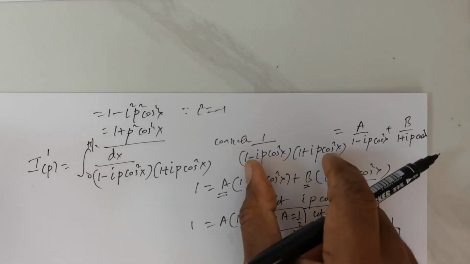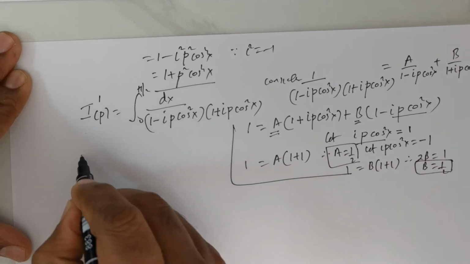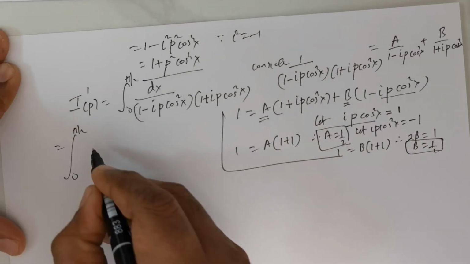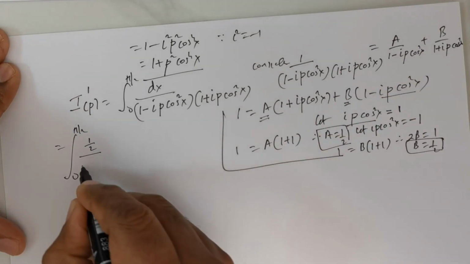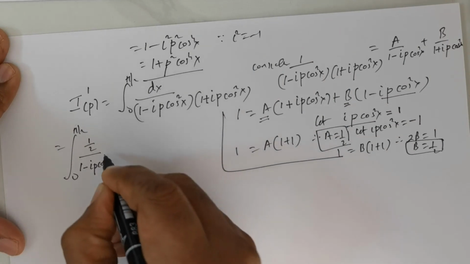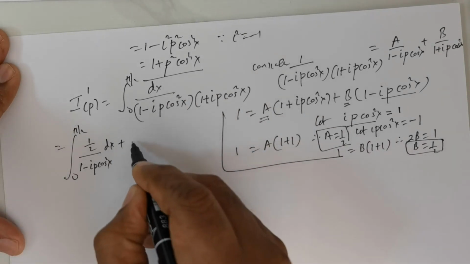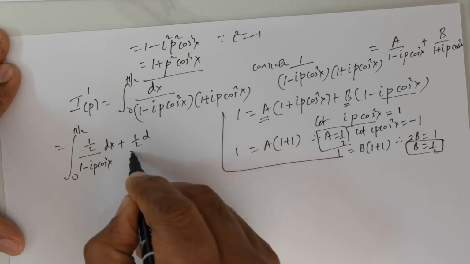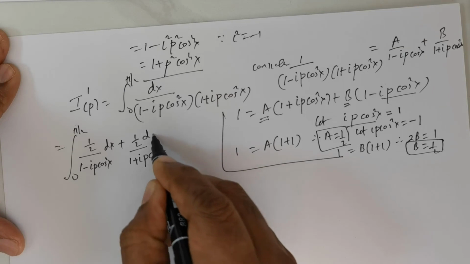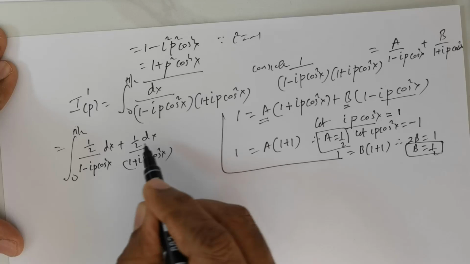So in place of this, I'm going to utilize this. So this is now equal to integral 0 to pi over 2, this term 1 over 2, and my a is 1 negative I times p times cos squared x times dx, plus 1 over 2 over 1 positive I times p times cos squared x. This is what I've got. Now I can split this, right?